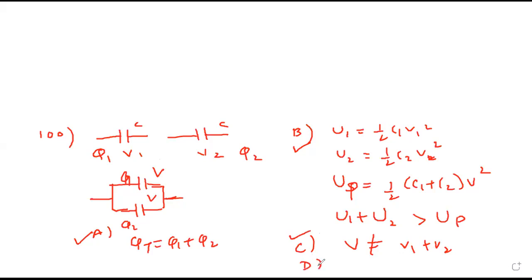D. Net potential across them is equal to the sum of potential is incorrect. This is marked. Right, all the statements first, second, third are correct. D is incorrect. That is our option. They want which is incorrect.